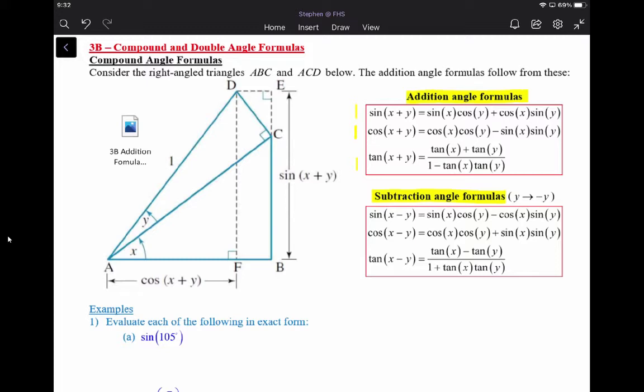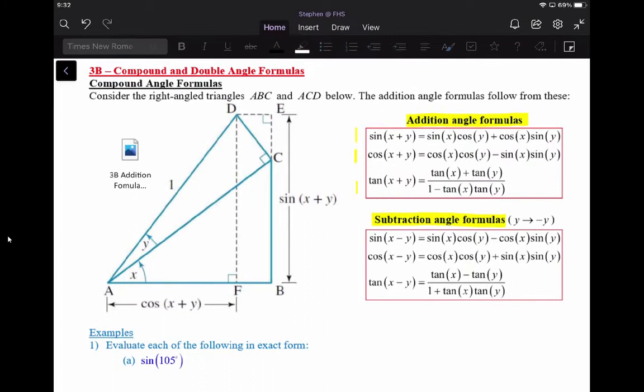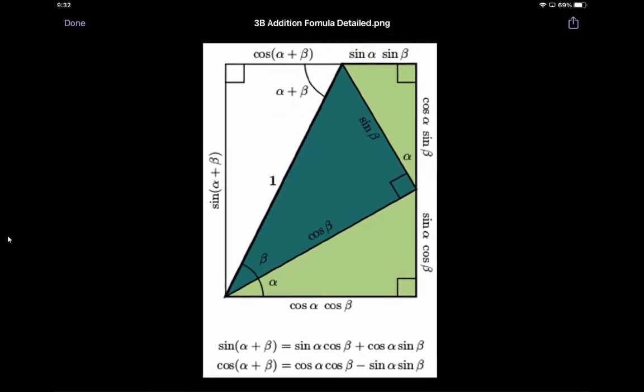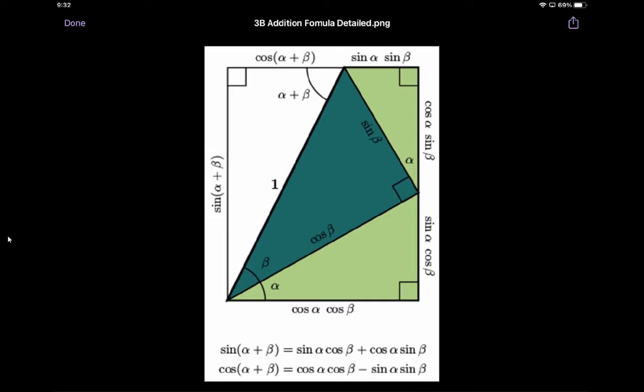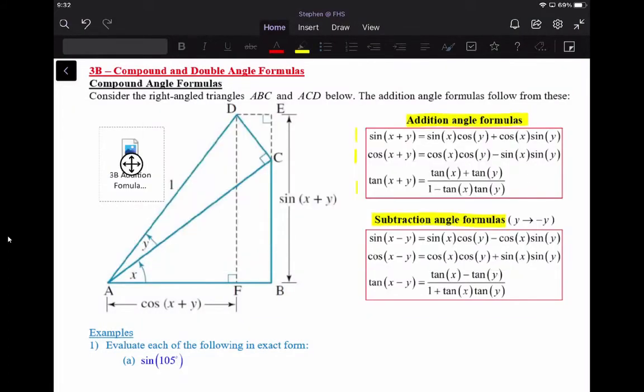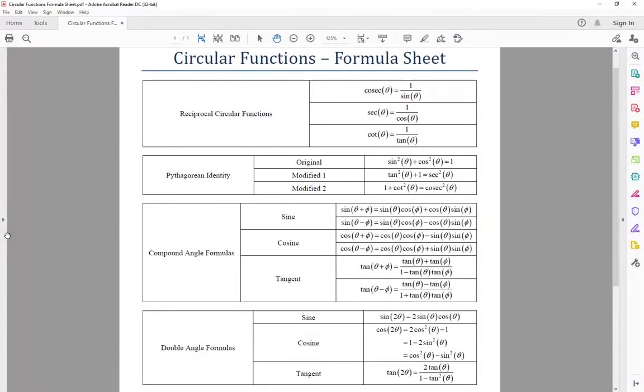Now, the actual use of the formulas can be a bit tricky. There are proofs of these as well, which kind of look like this. It looks pretty complicated. However, you don't need to worry too much about these, because you will actually get a formula sheet. On this formula sheet you have all the different compound angle formulas as well as the double angle formulas.